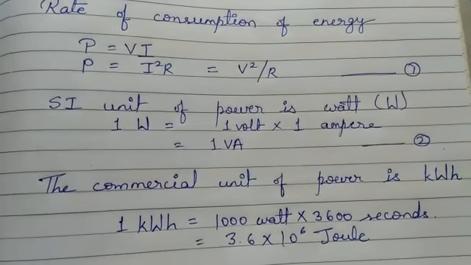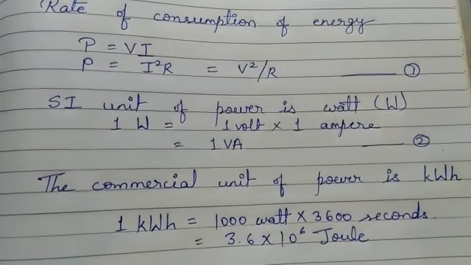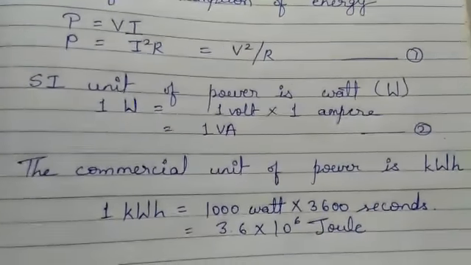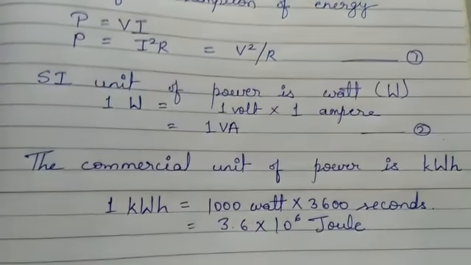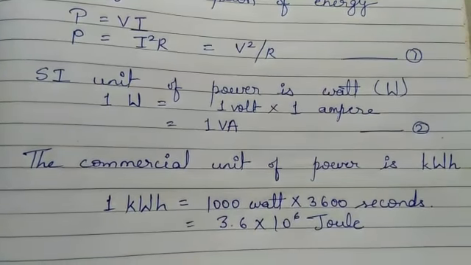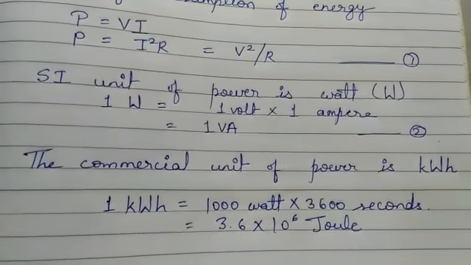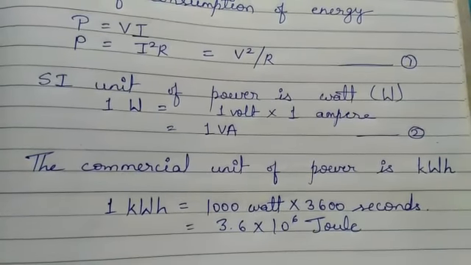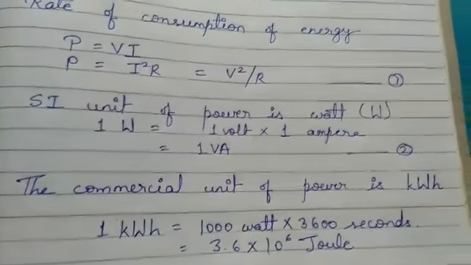So 1 kilowatt equals 1000 watt and 1 hour equals 3600 seconds. As we have to calculate in SI units, that's why we are using seconds. So 1 kilowatt hour equals 1000 watt into 3600 seconds, or it can also be written as 3.6 into 10 to the power 6 joule. This is the commercial unit of power.